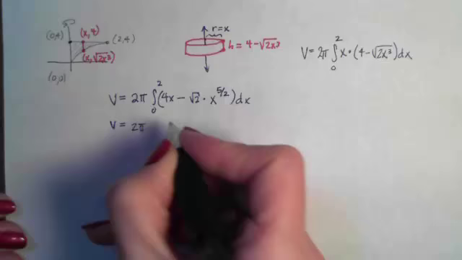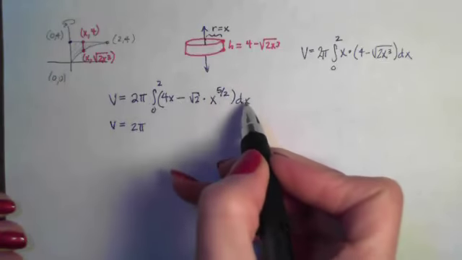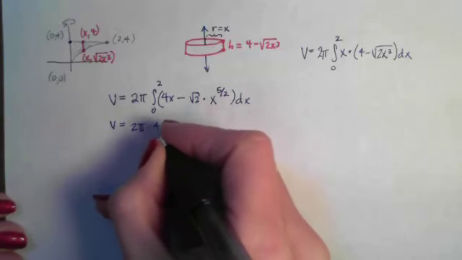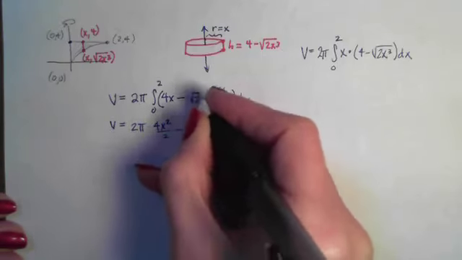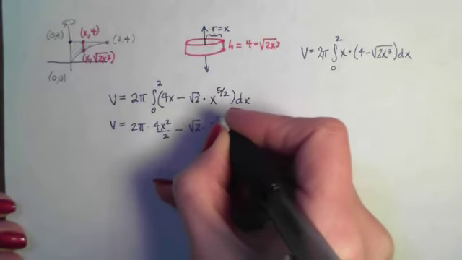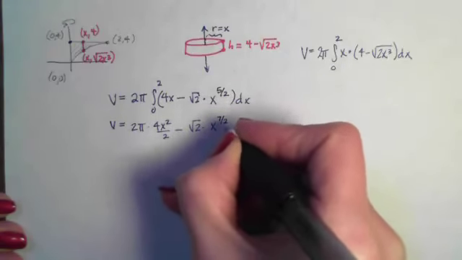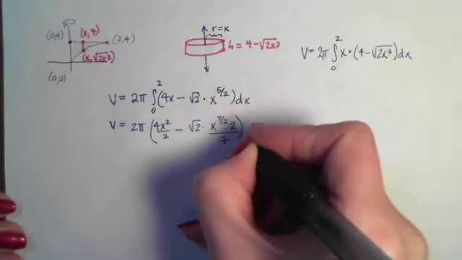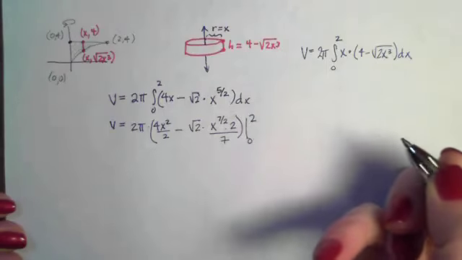So antiderivative, what did I take the derivative of with respect to x? That gave me 4x. Well, that's a 4x squared over 2 minus, move through the constant. This one I need to add 1 to the power and divide by that power, which is the same as multiplying by 2/7. And this is evaluated from 0 to 2.